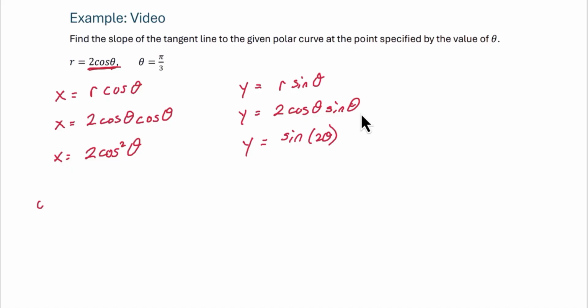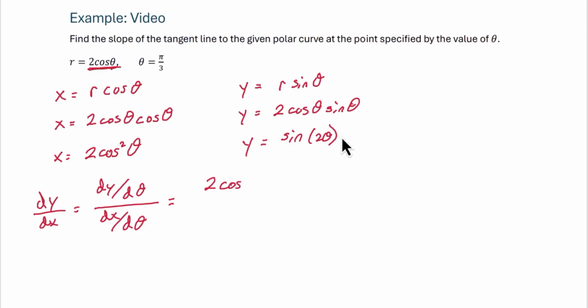Now, dy dx, we can think of that as dy d theta divided by dx d theta. Now focusing on y, let's take the derivative. We get 2 cosine of 2 theta.